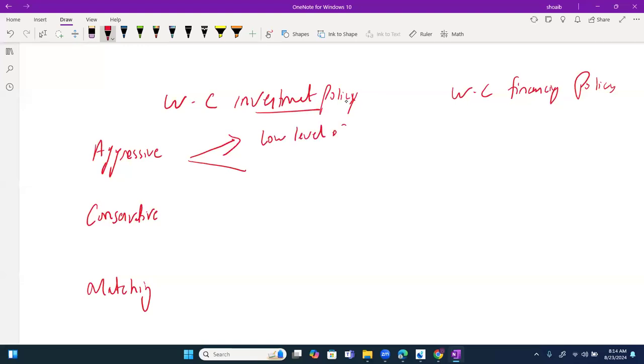Low level of current assets. Conservative, high level of current assets. Conservatives are more like cowards, they are afraid. So they try to hold more level of current assets. Aggressive are risk takers. They're trying to hold less level of working capital. Matching is optimal level.